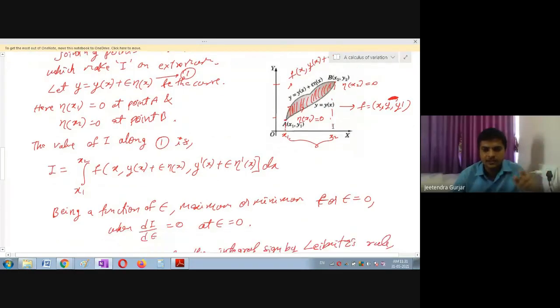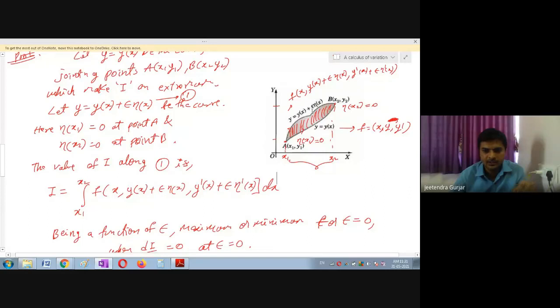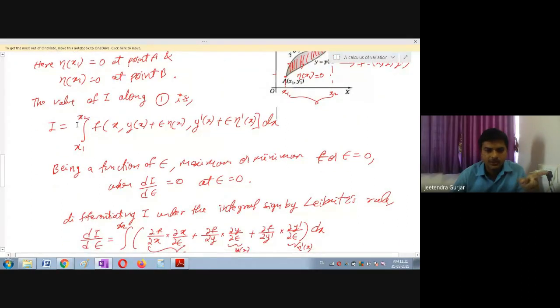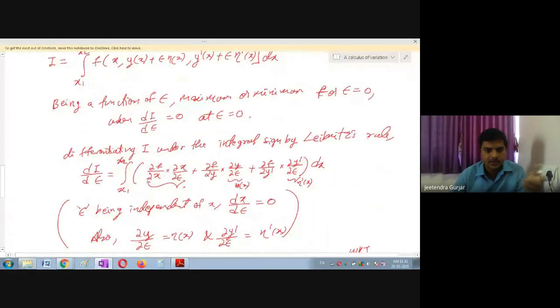When we differentiate this, dI upon d epsilon becomes 0 at epsilon equal to 0. So we differentiate the integral; x terms are there, y is there and y dash is there, and then we add them.